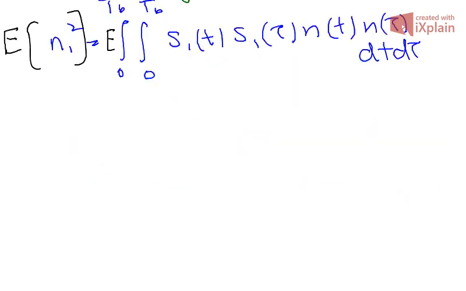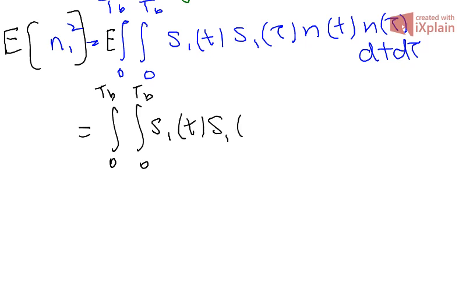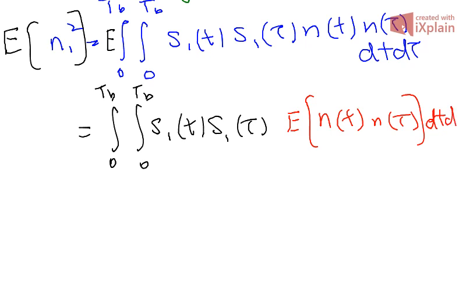So let me write this expectation here. If I rewrite it, it is the double integral from 0 to Tb of s1(t) s1(tau) times the expected value of n(t) n(tau) dt d tau.